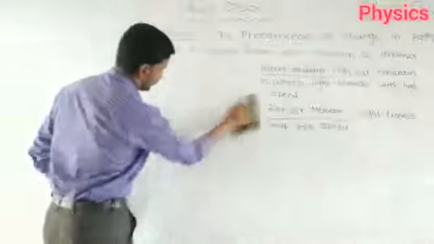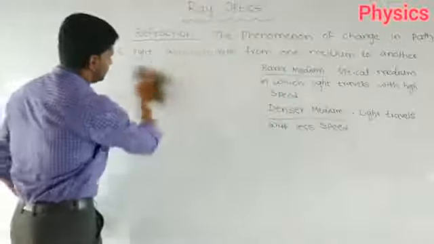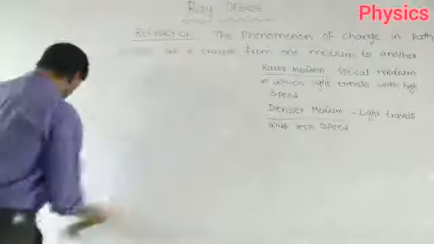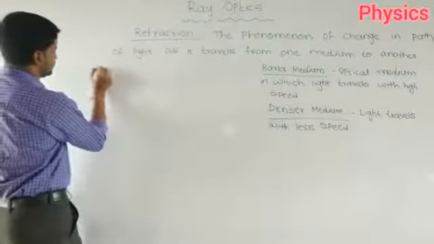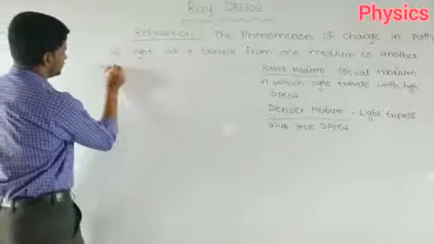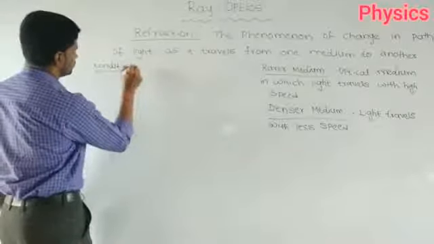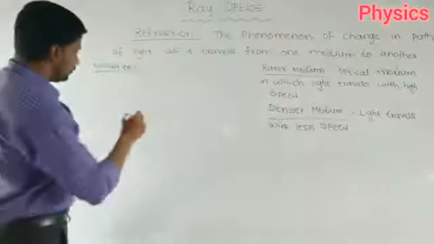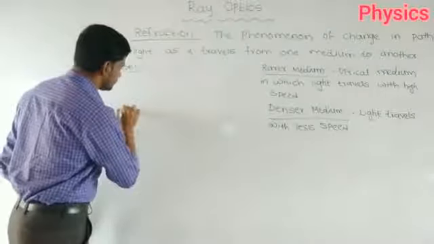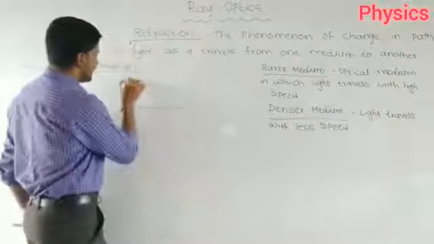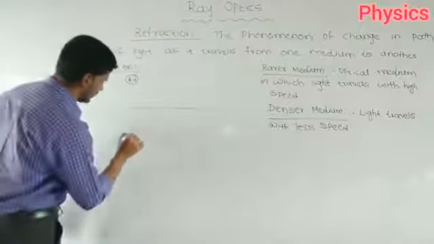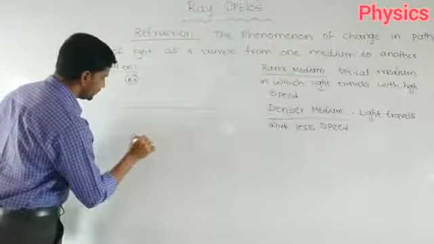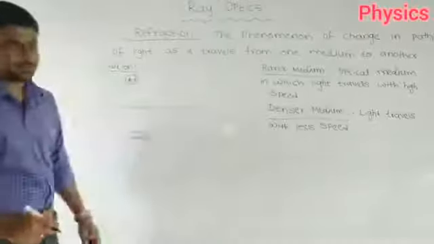Suppose that the conditions for bending of light are, so first condition for bending of light. Now you take two mediums, one as air medium, another one a glass medium. Two mediums we are going to take, and this is an interface.